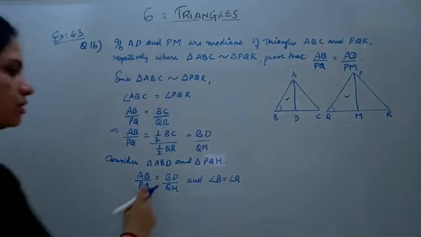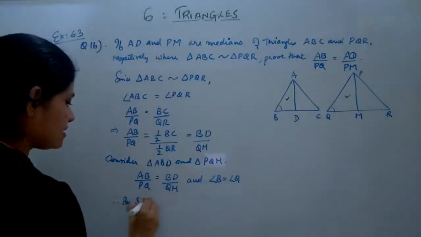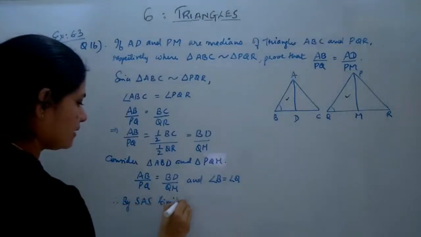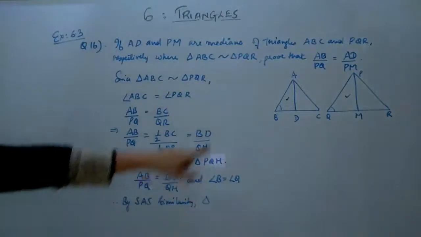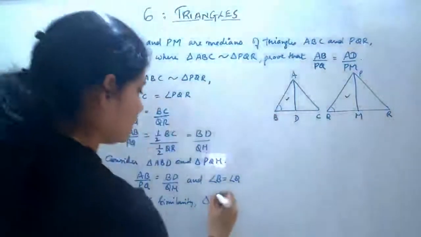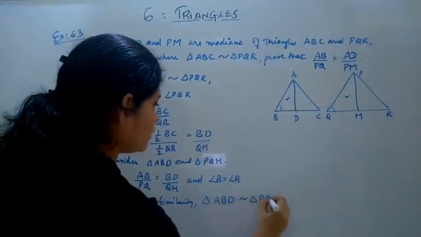Okay, so these two concepts will give you by SAS similarity, triangle, which triangles? Triangle ABD is similar to triangle PQM.